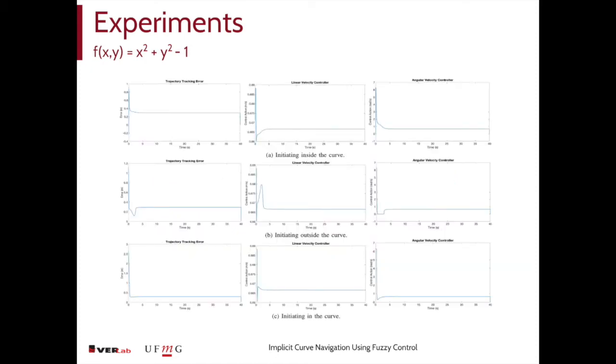In our first experiment, figure A shows that both the actuators for linear and angular speed do not present any kind of significant oscillation, and the values for both are completely stable as the vehicle reaches the desired curve and starts to track it. Figure B presents a different result for the actuators when the vehicle starts its trajectory tracking from a point outside the curve.